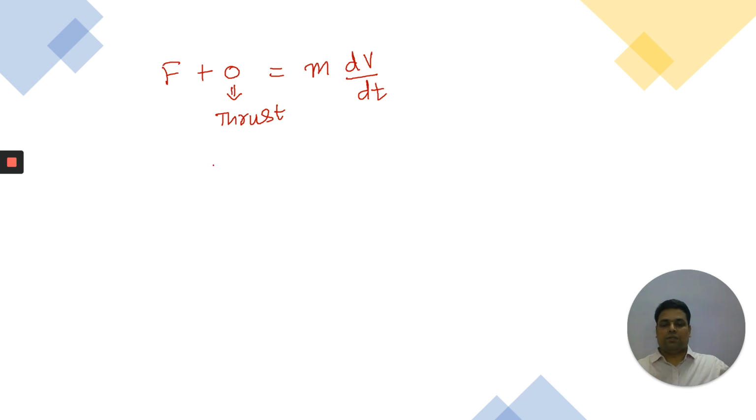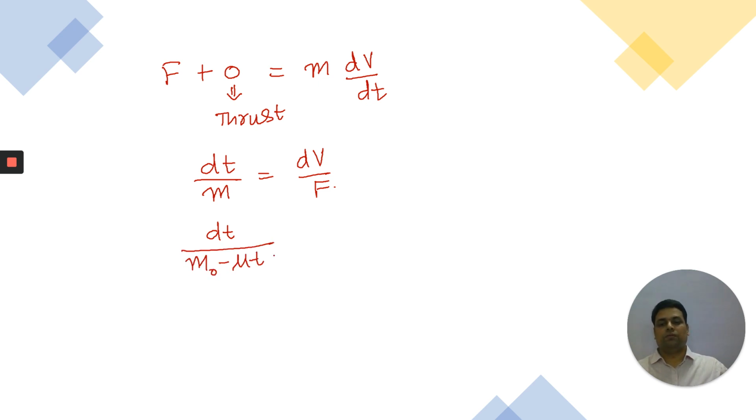So we can write dt by m equal to dv by F. M is m₀ minus μt, which is equal to 1 by F dv. You can integrate from t₀ to t and from v₀ to v.